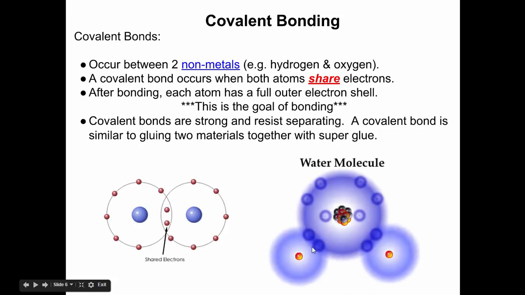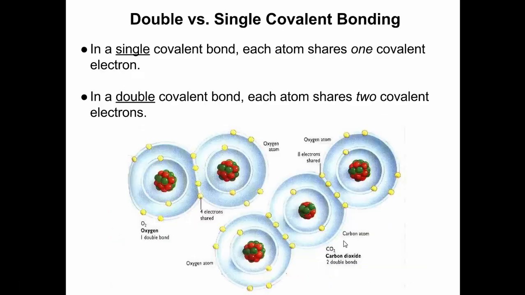So here's your water molecule. So here are the shared electrons, and here are shared electrons. So these electrons are going to travel through both atoms' valence electron shells.